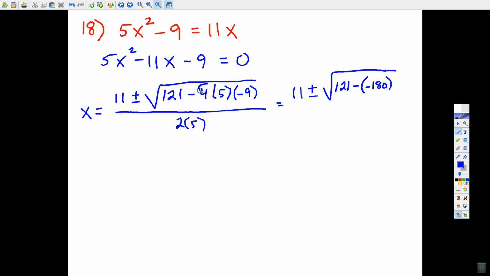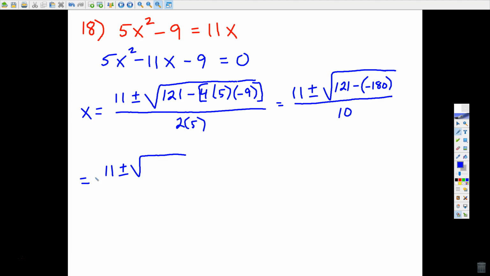Okay, so if you need to, just for organization's sake, you might want to put brackets around the part that needs to be multiplied together, and that's 20 times negative 9. And we're going to be subtracting that, of course, which means addition. And all of that goes over 10, 2 times 5. All right, we're making our way through. If we do 121 plus 180, I think that's 301.